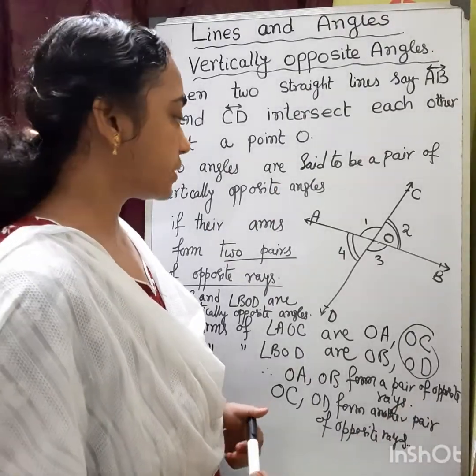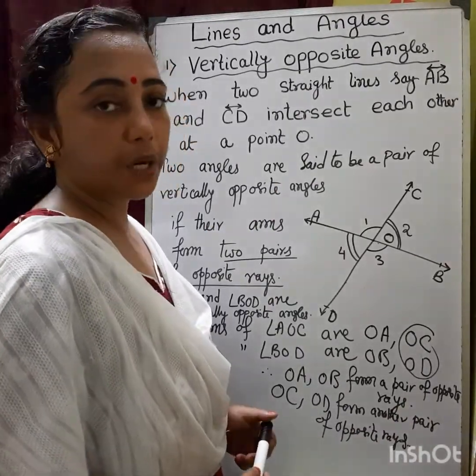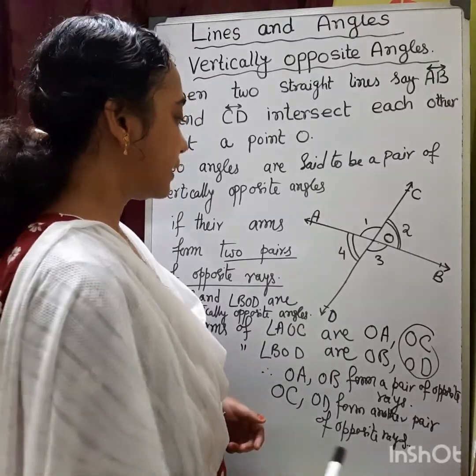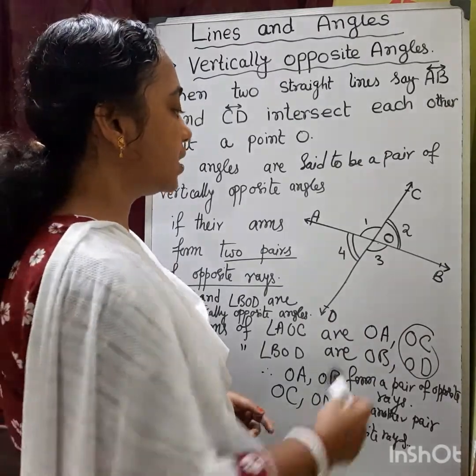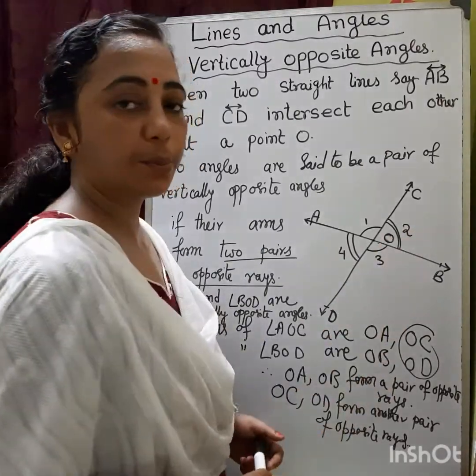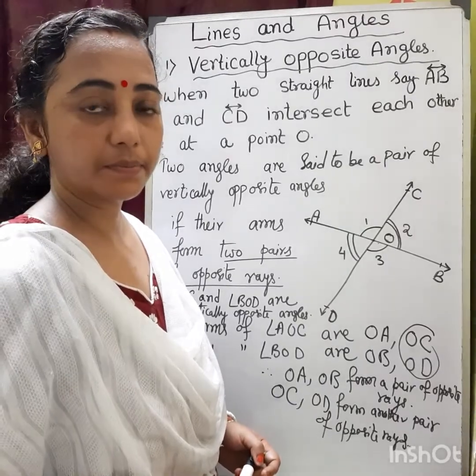So which shows that their arms form two pairs of opposite rays, that is OA and OB form a pair of opposite rays. Similarly, OC and OD form another pair of opposite rays.